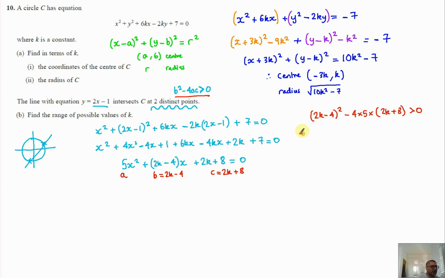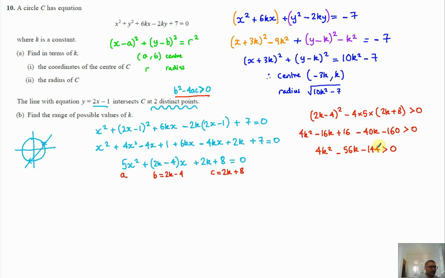So expanding this out, that gives me 4k squared minus 16k plus 16, and this will give me minus 20 times 2, so minus 40k, and minus 20 times 8, so minus 160, is greater than 0. Again, just neatening that up leaves me with 4k squared minus 56k, and then 16 minus 160 gives us minus 144.